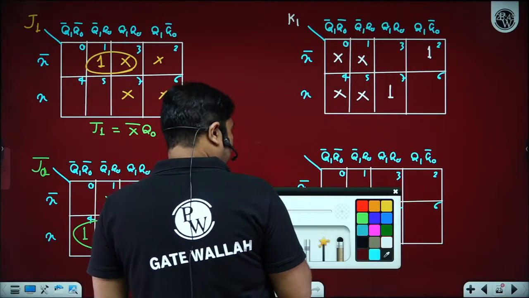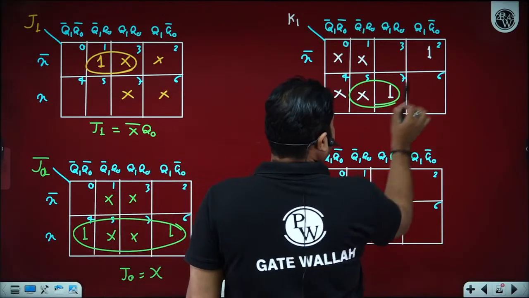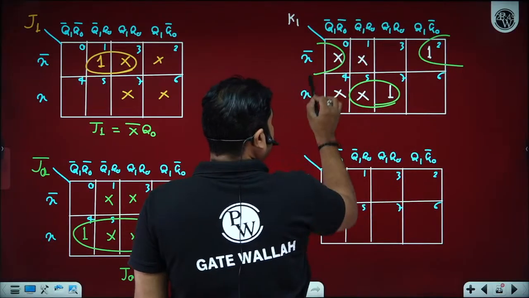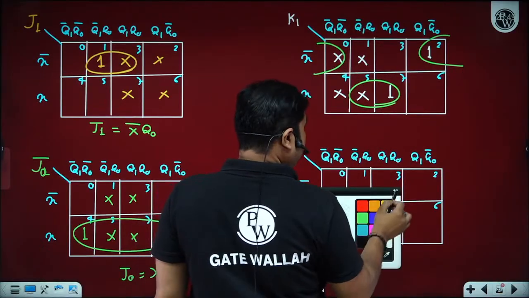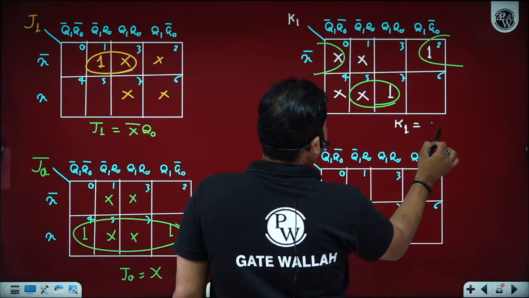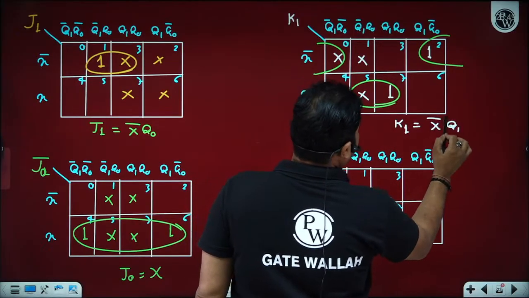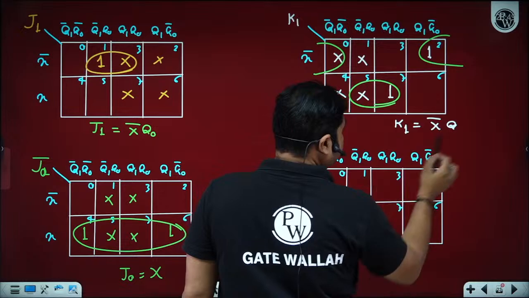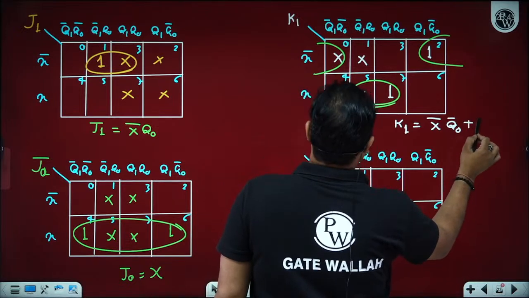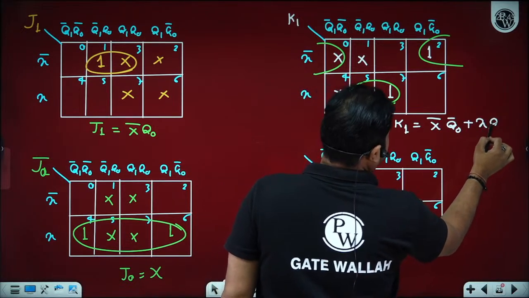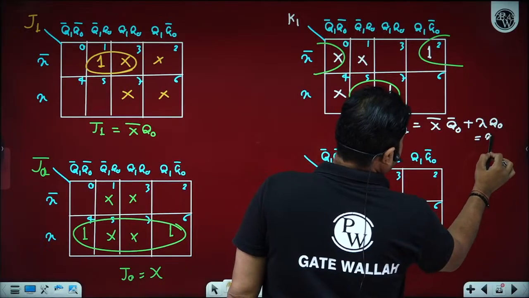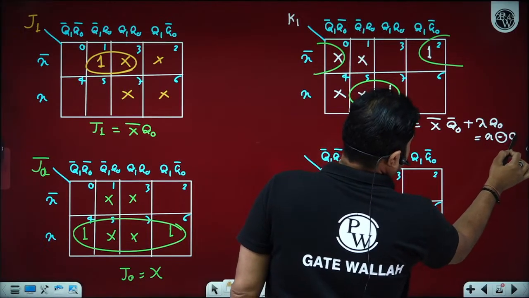Okay. So now we have 2 pairs possible, and with this we have K1 equals X bar Q0 bar, sorry, Q0 bar plus X Q0. So it is nothing but X XNOR Q0.